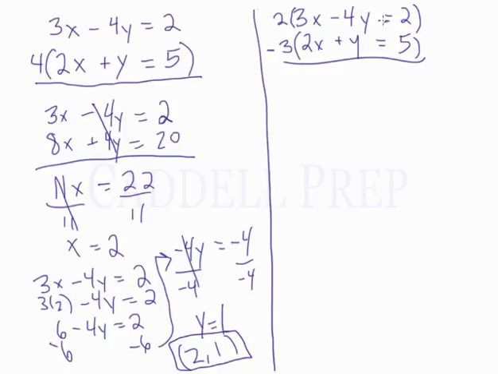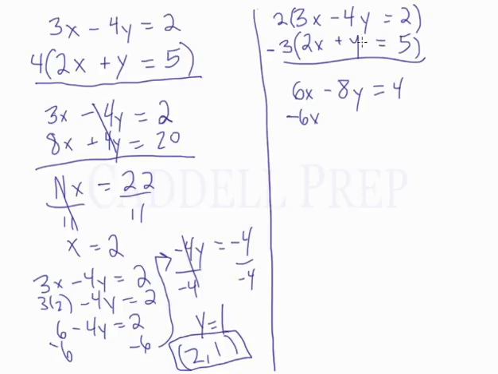So now let's multiply the top and bottom. So on top first, we get 2 times 3x is 6x. 2 times negative 4 is negative 8y. And 2 times 2 is 4. Okay, now here distribute the negative 3 to each term. So negative 3 times 2x, negative 6x.